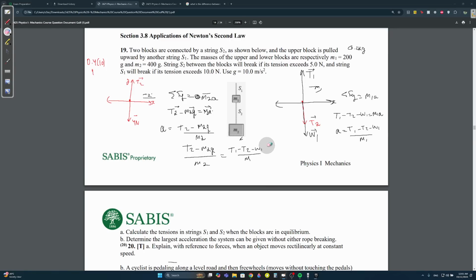I'm going to remove W1 and put M1G. Here you can continue to simplify. I'd cross multiply in this case. M1 times T2 minus M2G. I won't distribute it because M2 times T1 minus T2 minus M1G. You get this.